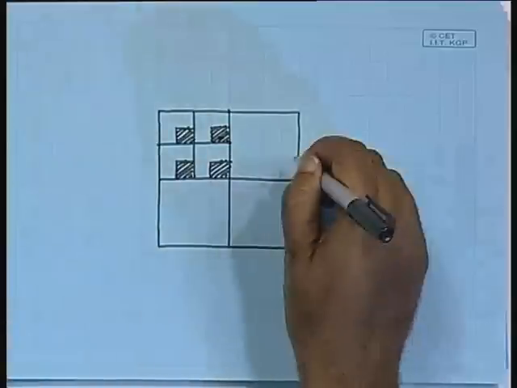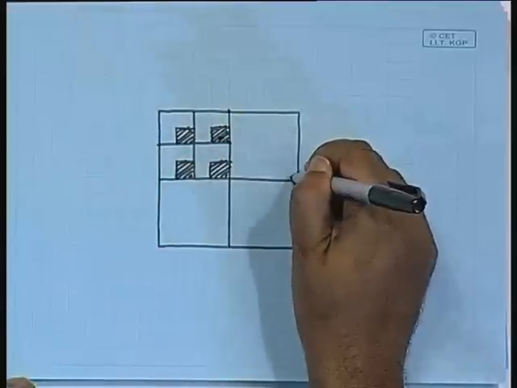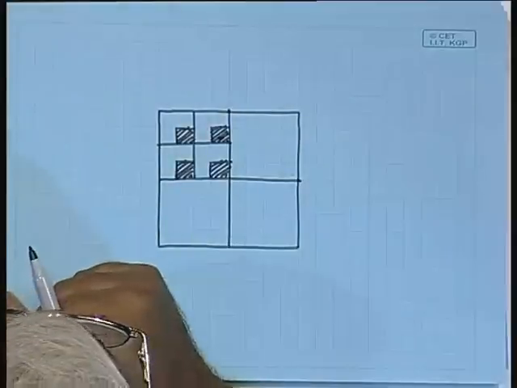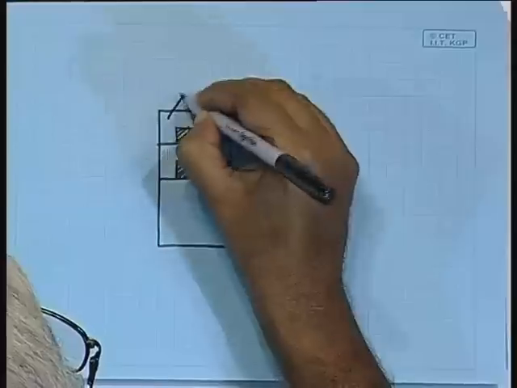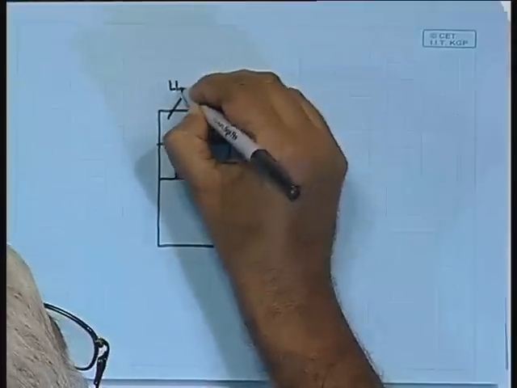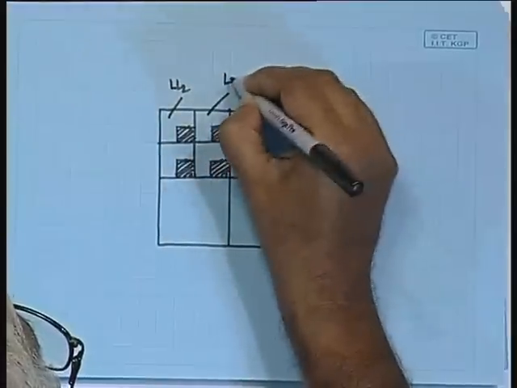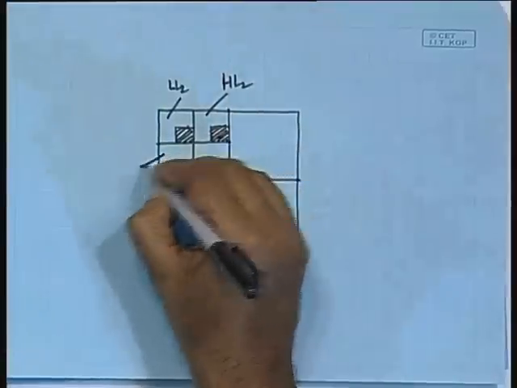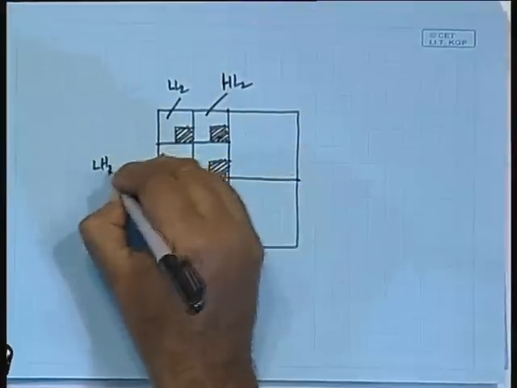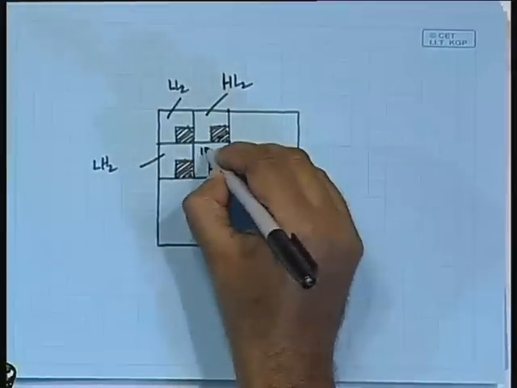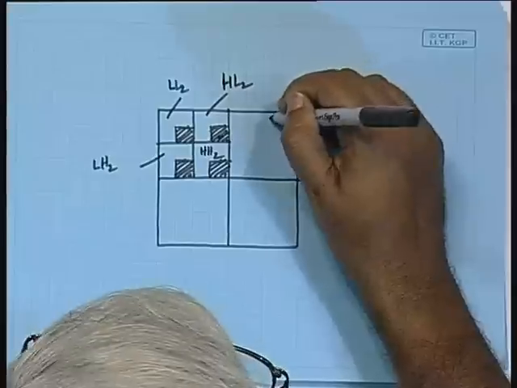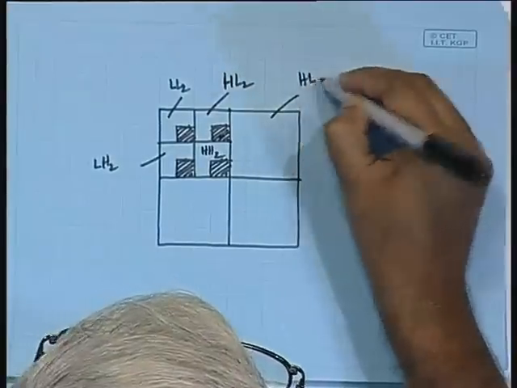Now, this must have some kind of a relationship with these subbands also. But see, we call this LL2 and this HL2, this LH2 and this HH2. Now look at HL2 and look at HL1.